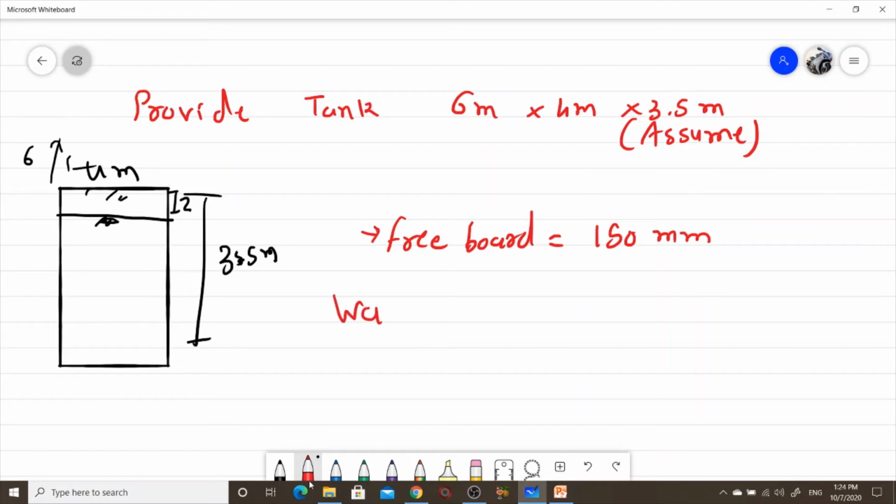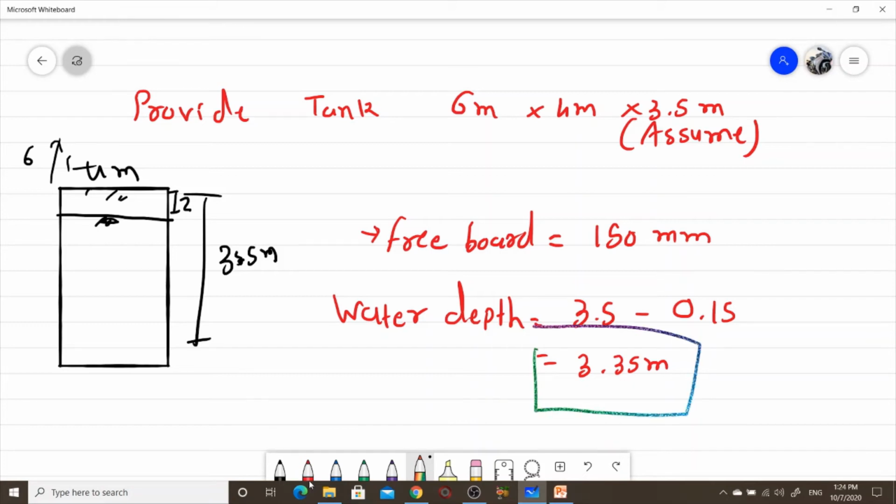So the water depth is 3.5 meter minus 0.150 meter, so the water depth is 3.35 meter.